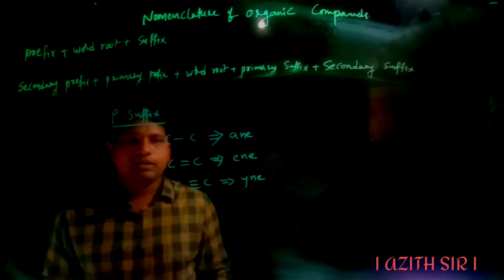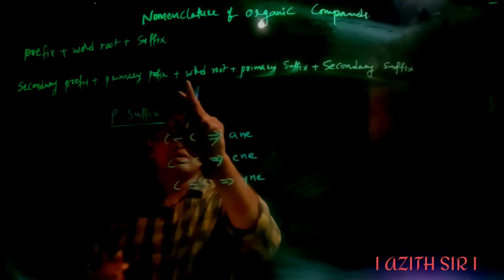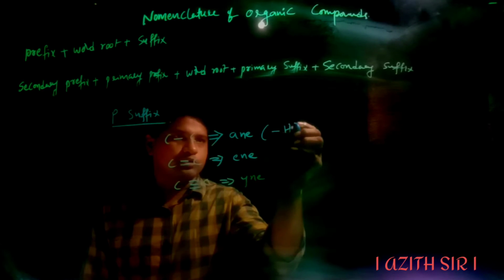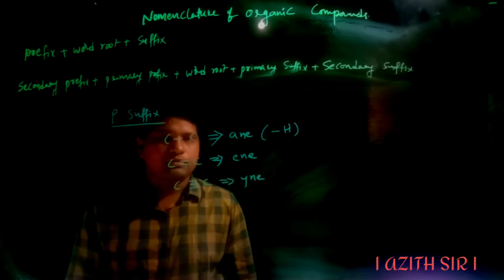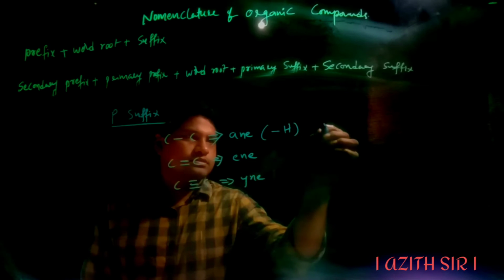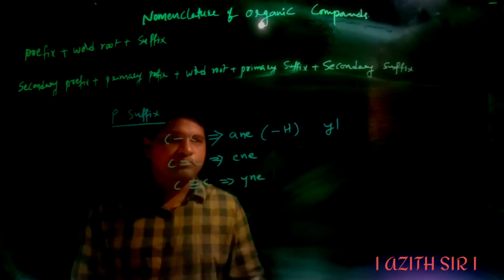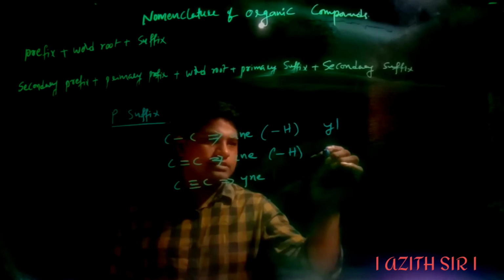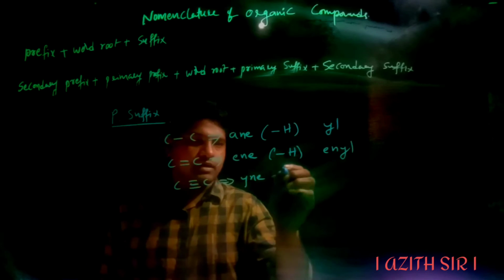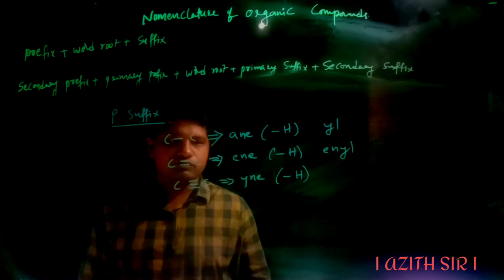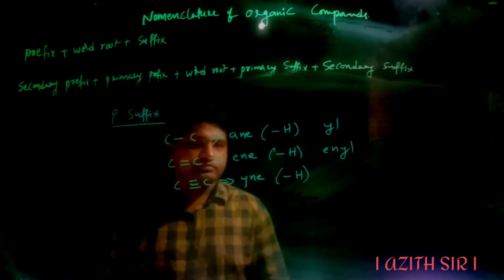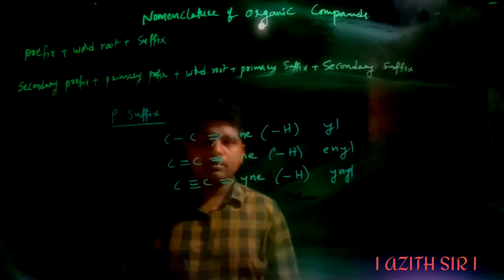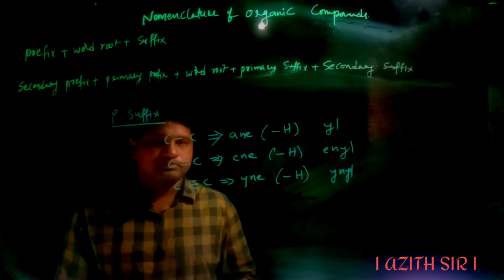And it is always followed by the word root. If removal of one hydrogen from the single bond, then we call it is yl. When removal of one hydrogen from the double bond, then we call it is enyl. If removal of one hydrogen from a triple bond, then it is ynyl. So this is the primary suffix.